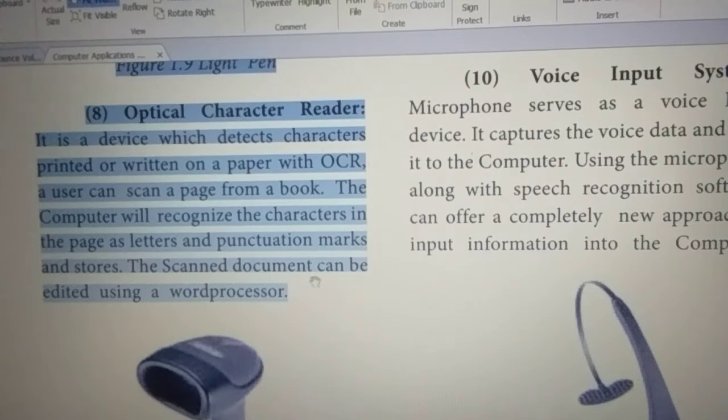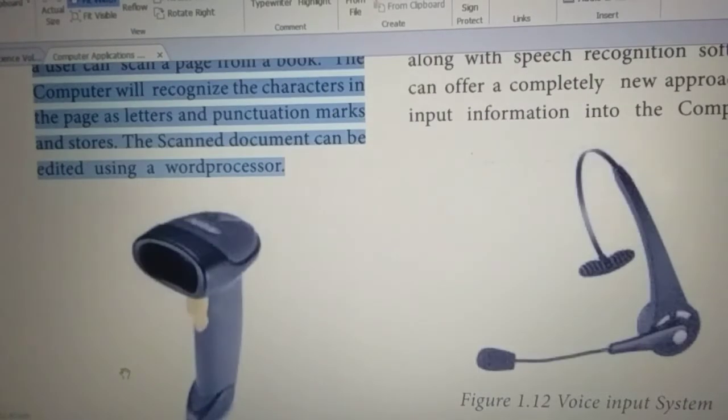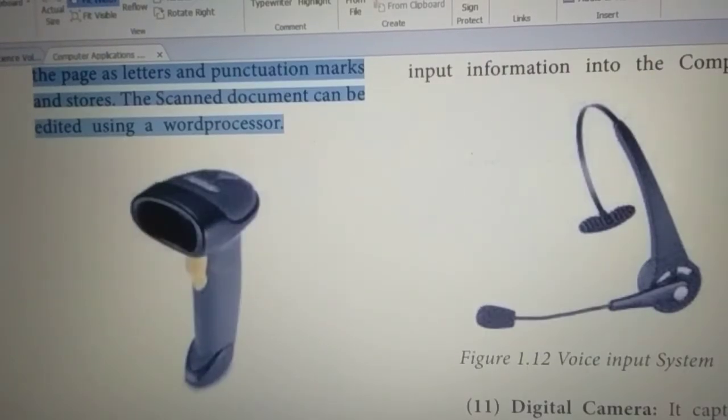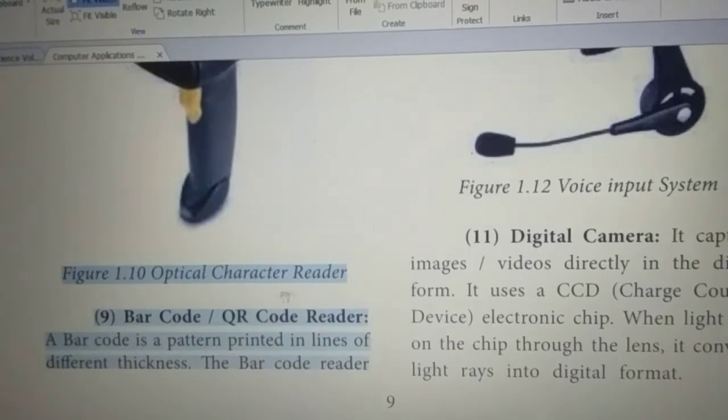The scanned document can be edited using a word processor. Same as in a supermarket billing section, where items are scanned with a beep sound. For each stock item, barcode readers can be used to read and load the amount.